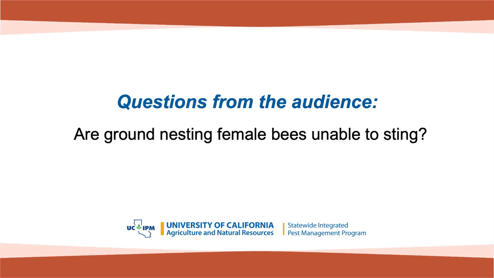Okay. And then one participant asks, are ground nesting female bees unable to sting? No, they are able to sting. But their sting is nothing like a bumblebee sting or a wasp sting or a honeybee sting. They just don't have that punch. And unlike honeybees, they don't have a barbed stinger, so they don't stick their stinger in you and then pump venom into you.